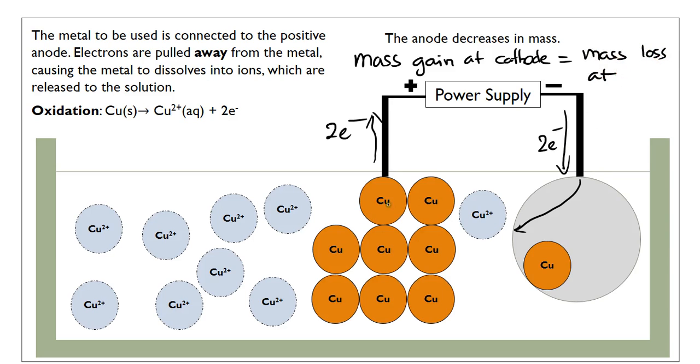Most of the time some of the copper will just go to the bottom of the solution. You can almost tell later when you look at the solution, you see really small bits of copper. But theoretically speaking, they should be equal to each other.